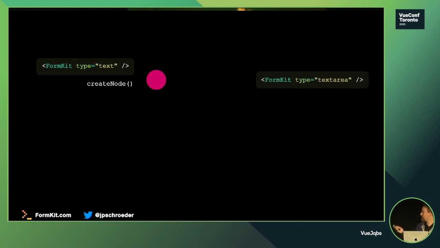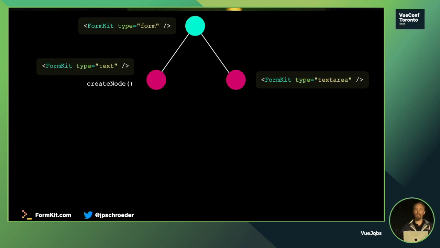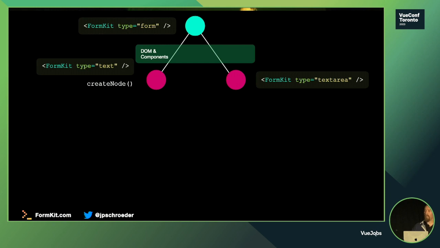And you can do this for any type of input. So you can say type text area, boom, it creates another little node. But where this gets interesting is when you say something like form. And then it automatically starts to arrange itself in a tree structure without you having to do anything. So it automatically knows which inputs are inside of the form. And that means that depth is no longer an issue, right?